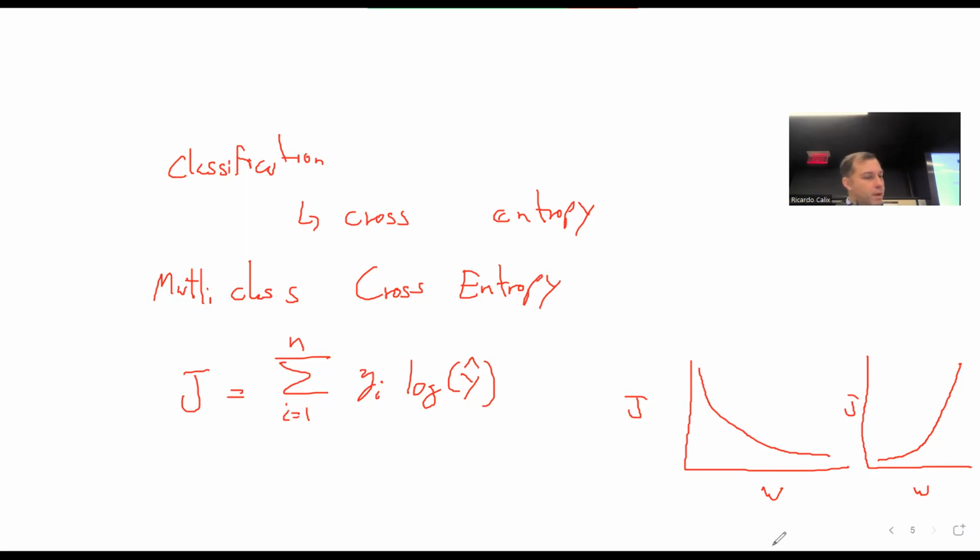All right, so that's important, because that helps you understand why this equation is the way it is. It's because it has this relationship, and this relationship is actually quite intuitive. So let's look at the case. Now let's dig really deep and look at binary cross entropy, which might be a little bit easier to understand.